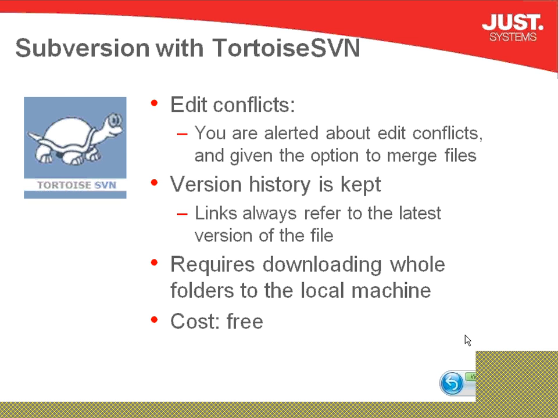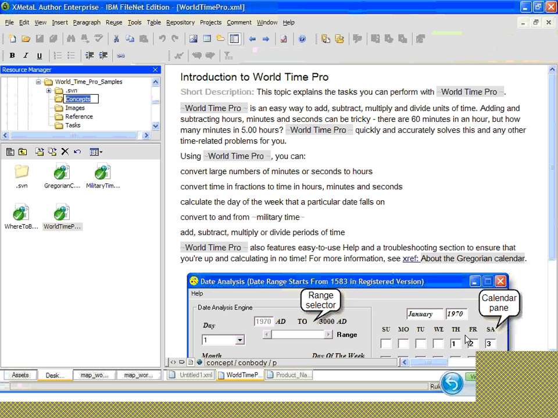So with this TortoiseSVN application, what it does is it gives you an extension to Windows, so you can see these icons, which tell you a bit more about the state of these documents in Subversion. XMetal hooks into the local file system in various ways, hooks into Windows in various ways.